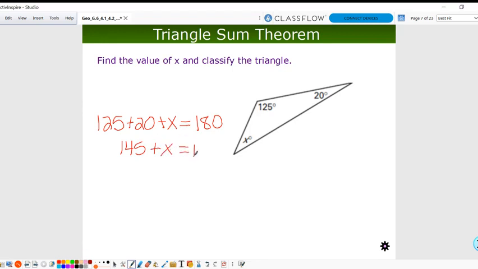So if we solve our equation, x should equal 35. And when I try to classify that triangle, if I'm looking at the angles, I can see that I have an obtuse angle. So this could be an obtuse triangle based on the angles given.